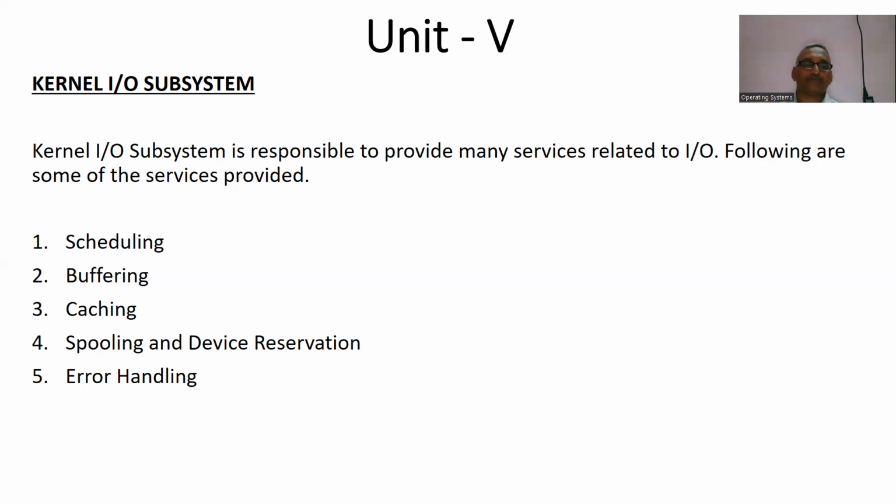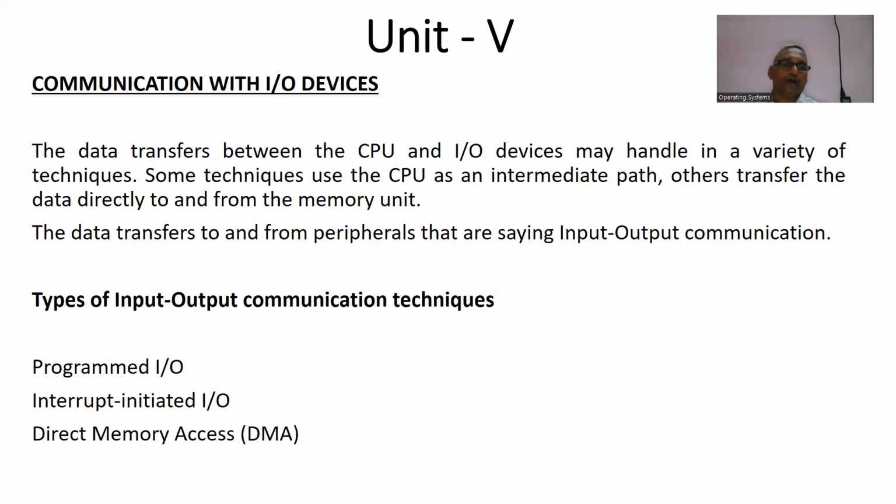Next one, communication with the input-output devices. The data transfer between the CPU and input-output device may be handled in a variety of techniques. Some techniques use the CPU as an intermediate path.